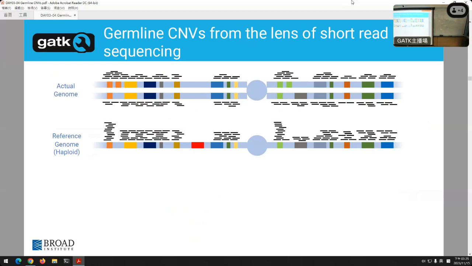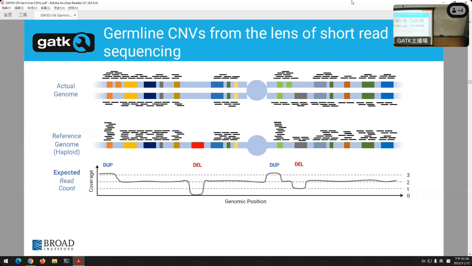And then when we align them back to the reference genome, we start to see that the coverage varies in the places where we saw copy number variants in the sample. There's an increase in coverage where there were duplications. There's a complete lack of coverage over that red region where there was a homozygous deletion. And there's depleted coverage over the heterozygous deletion in gray.